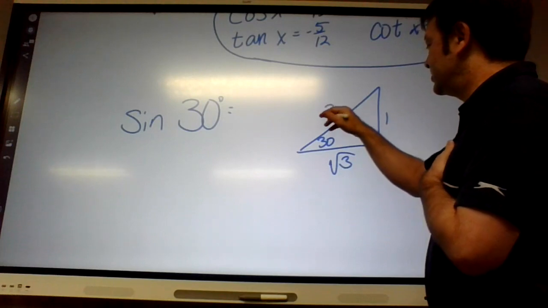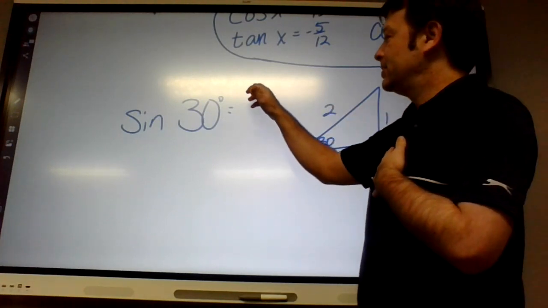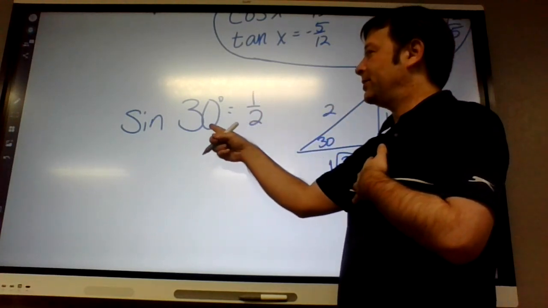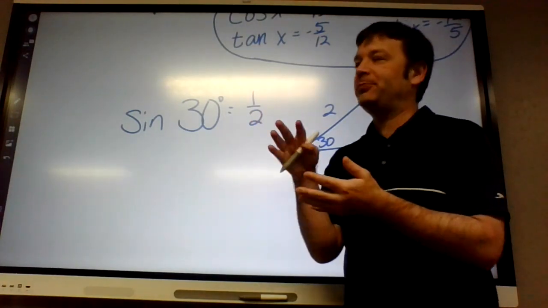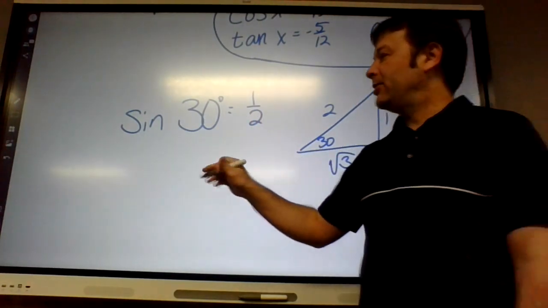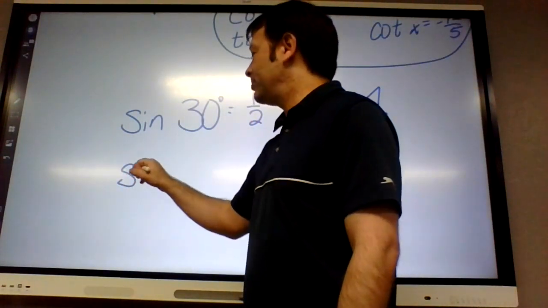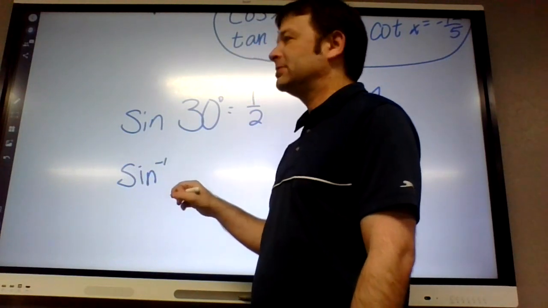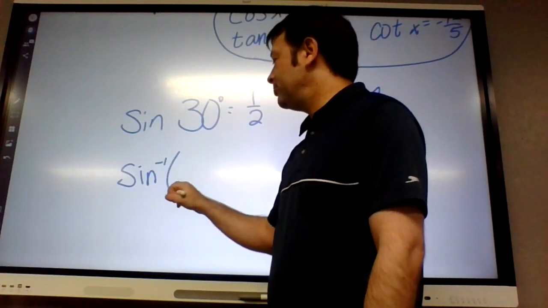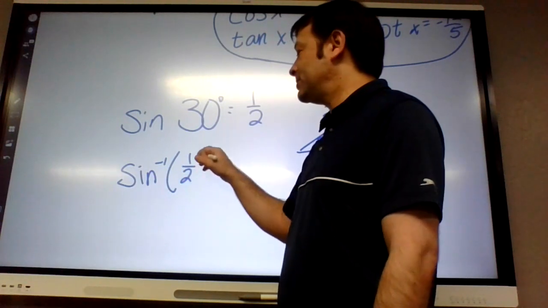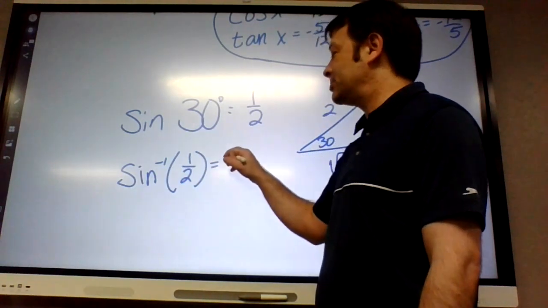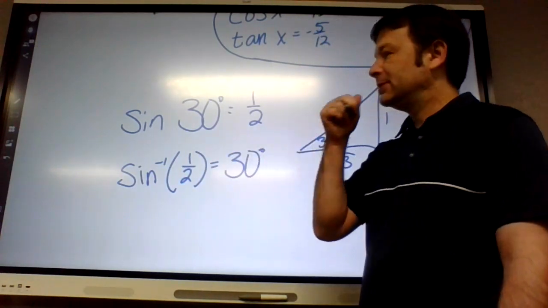The opposite is 1, hypotenuse is 2. So if you plug sine of 30 in your calculator, it should spit out 1/2 or 0.5. It spits out a ratio. Okay, what's sine inverse do? Do you guys remember? You feed it the ratio and it spits out the angle.